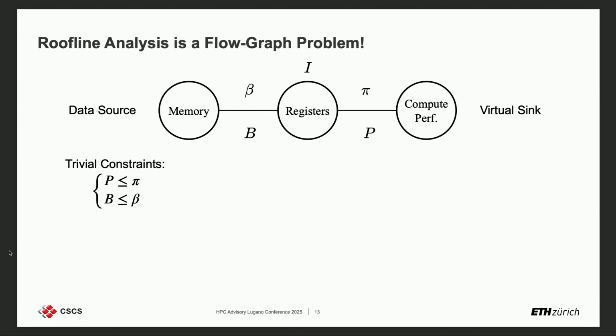Now, these are not very useful constraints, but there is one additional thing that you can use. The idea is that we want to enforce continuity of flow between edges. So all of the flow that we observe from memory to registers has to be equal to the performance going out. But the catch here is that there is a scaling unit in between, and that is precisely the operational intensity.